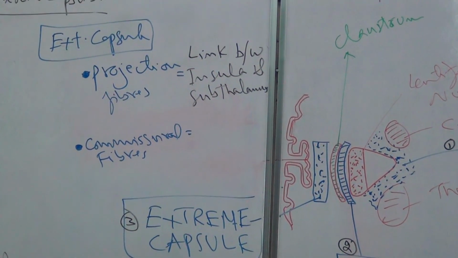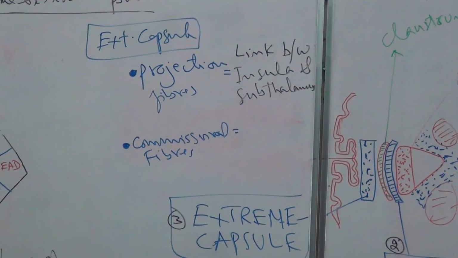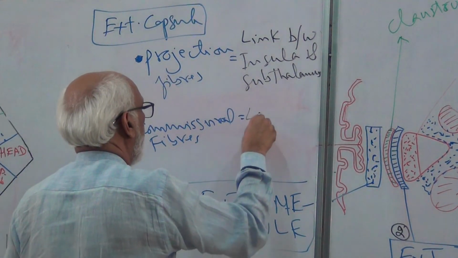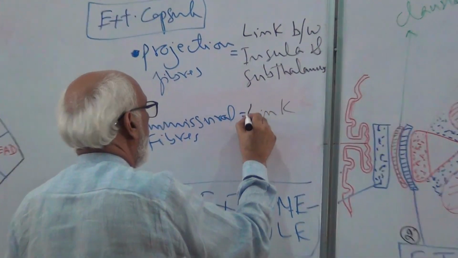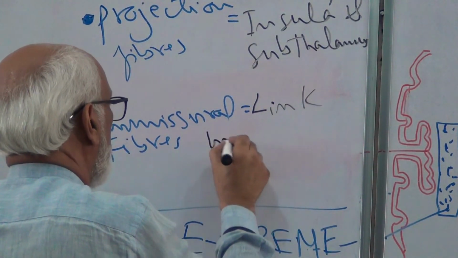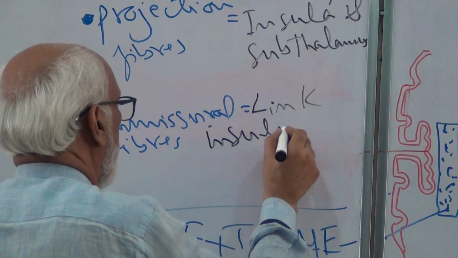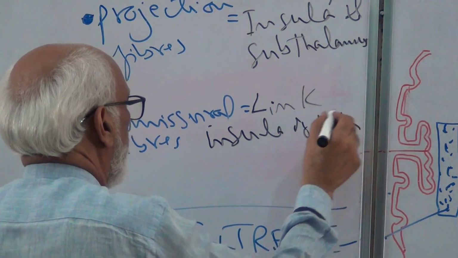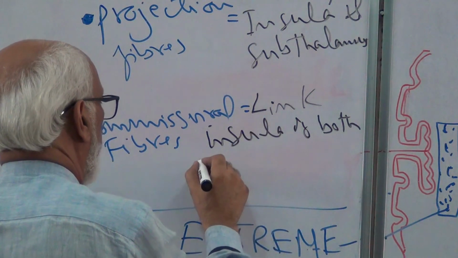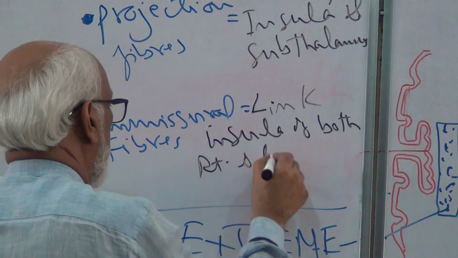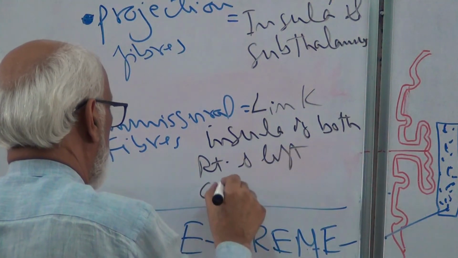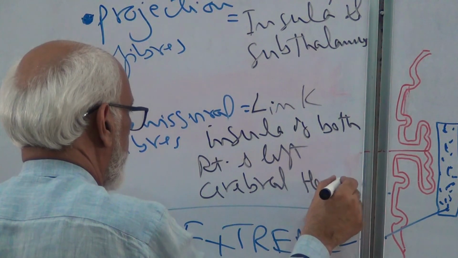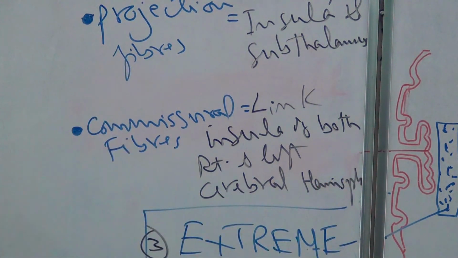And there are commissural fibers which link the insula of both right and left cerebral hemispheres, because these are commissural fibers which connect both sides.